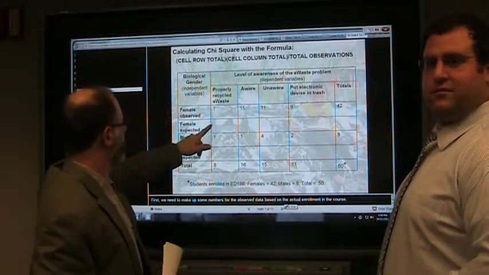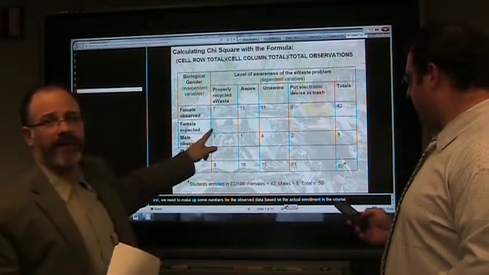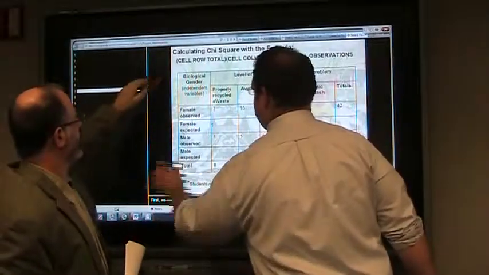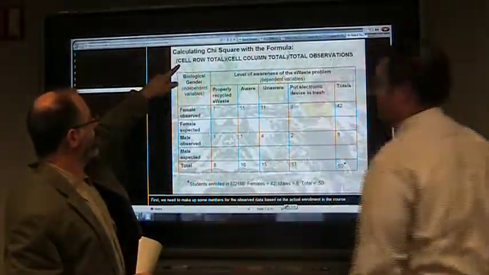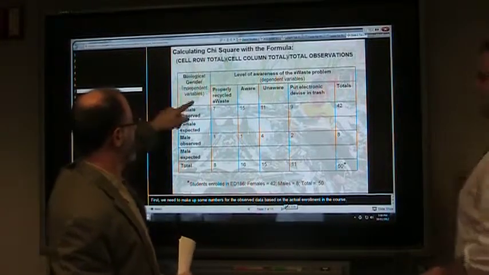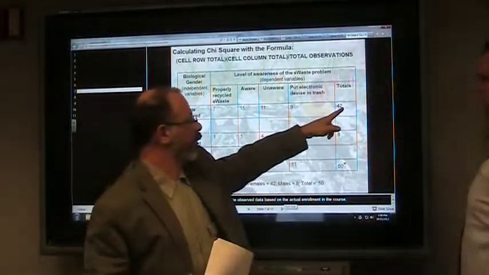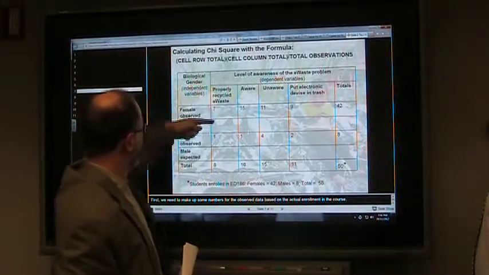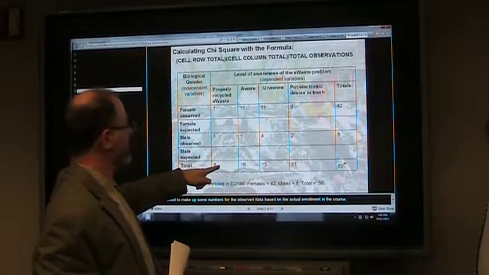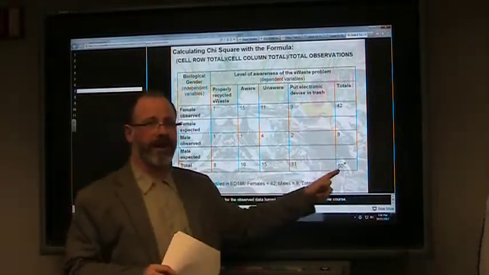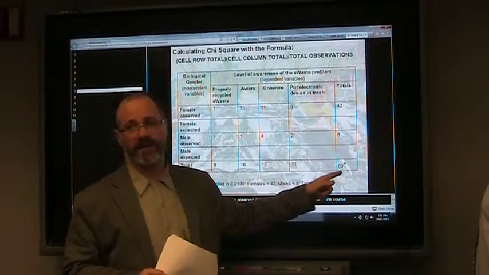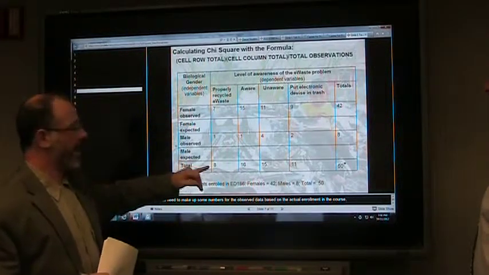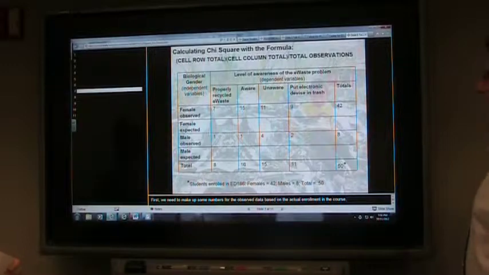In order to come up with the number here of the female expected, we would follow this formula here. The cell row total, which is 42, times the cell column total, which is 8, divided by the total number of observations, which is 50. Okay? So 42 times 8 divided by 50, and you get 6.72.